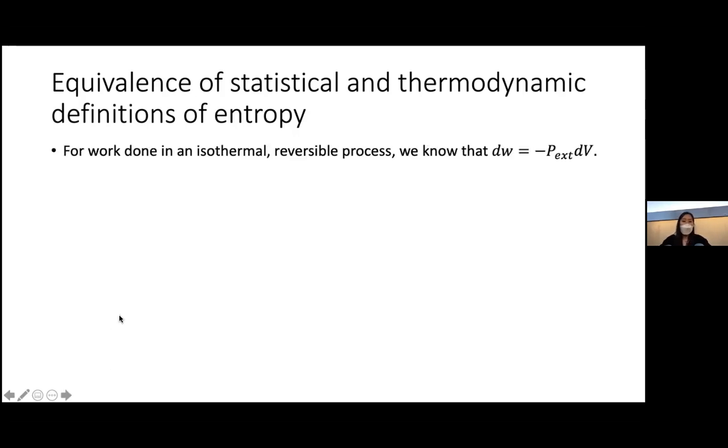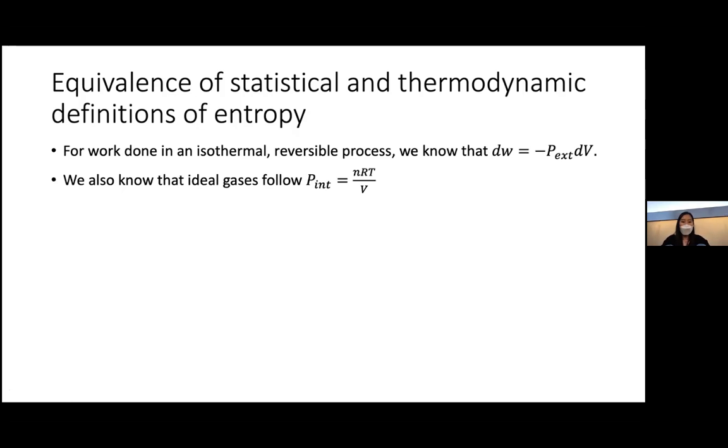So for work done in an isothermal reversible process, we know that a small change in the work done is equal to negative external pressure times a small change in volume of that system.